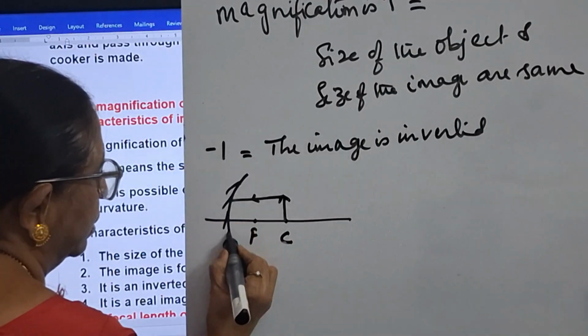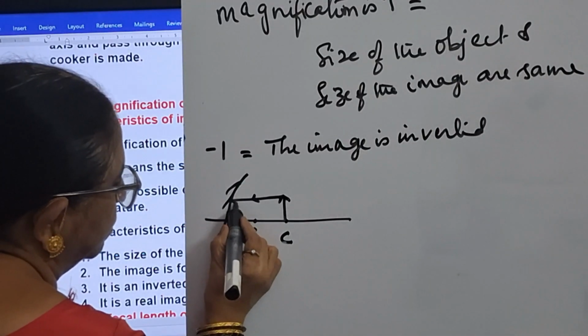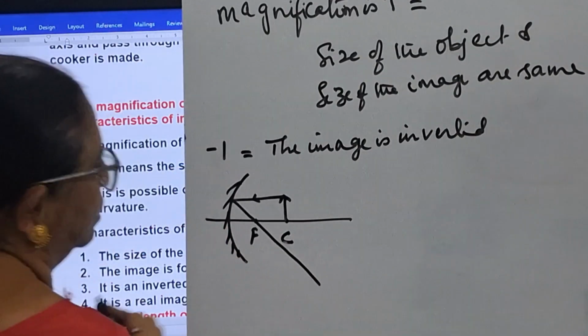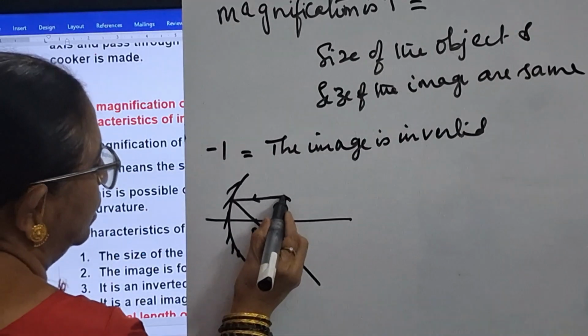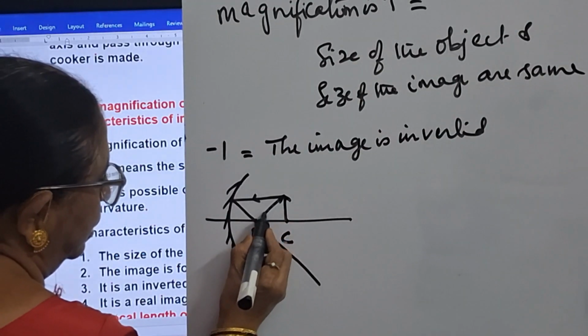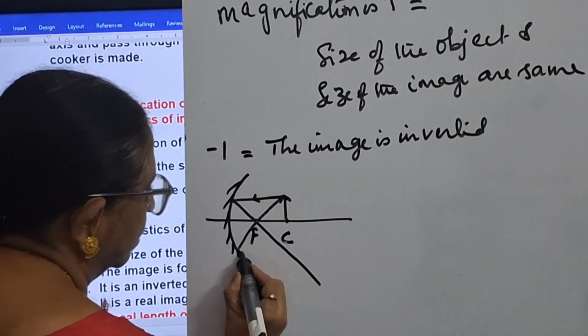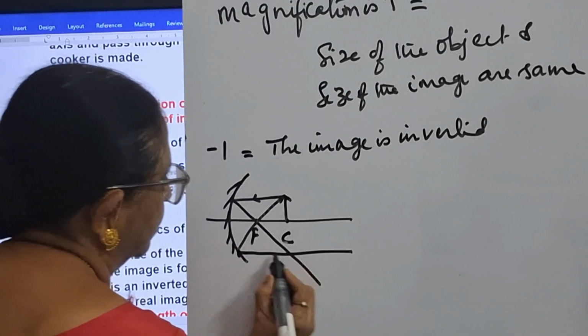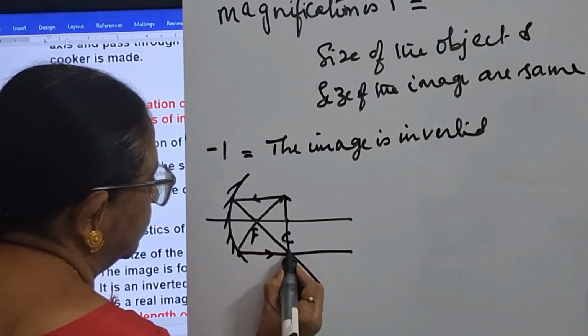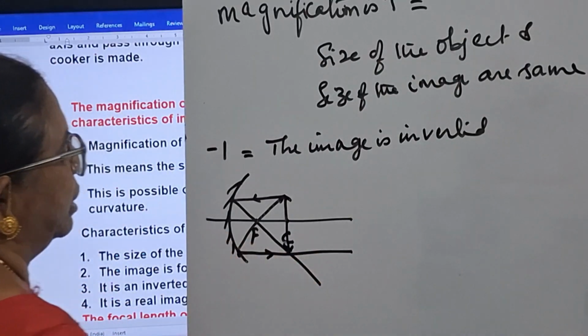This is a concave mirror, and it passes through the principal focus like this. And another incident ray passes through the focus like this, and it goes like this. This is a reflected ray. When you join these two, you will get the image.